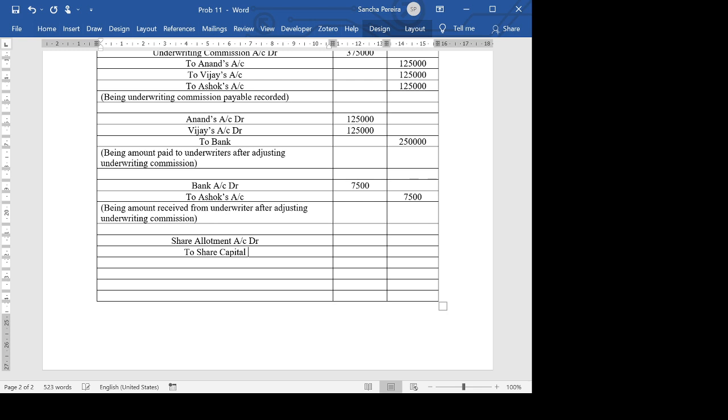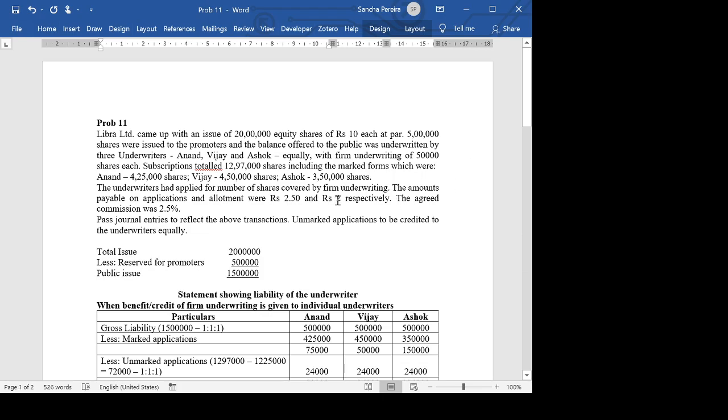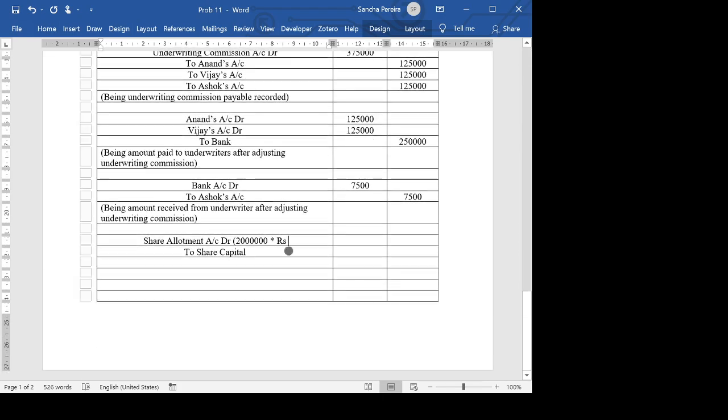Now I will take the entire 20 lakhs because I know I'm going to receive money on the entire 20 lakhs: the public, underwriters and the promoters. How much is it on allotment? The allotment is 2. So 20 lakhs into rupees 2 will give me 40 lakhs.